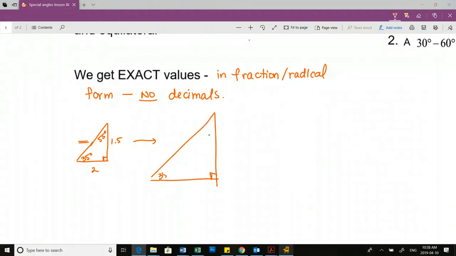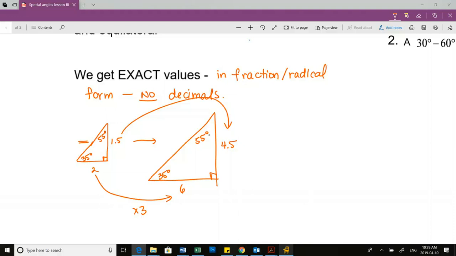So as long as this is 35 and this is 55, if I enlarge this by a scale factor of, let's say, 3, this is going to be 6, and this will also be enlarged by a scale factor of 3, and the hypotenuse will be too. So the idea is that no matter what side measurements I have, once I divide, I'm going to get the same opposite over hypotenuse, the same sine of 35, let's say, or tan of 35, for any triangle with a 90, 35, 55 angle set.